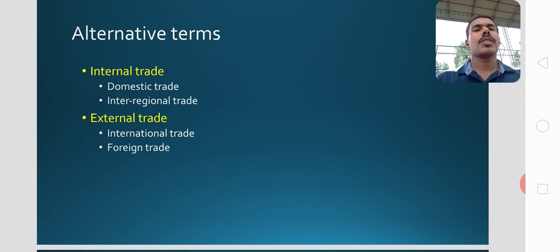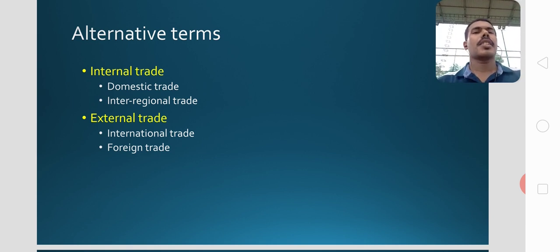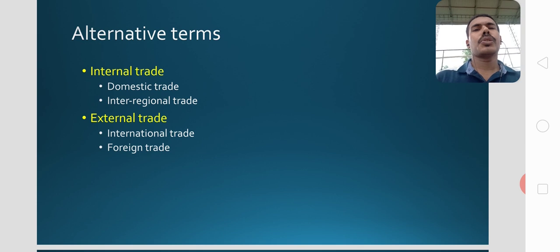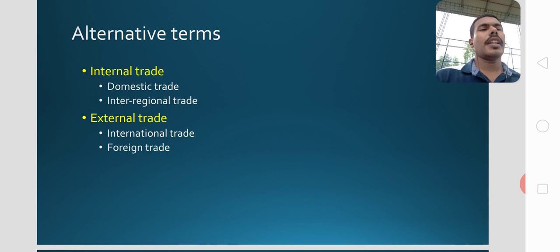External trade is also called international trade. So trade in the bigger sense means international trade. Trade theory refers to the international trade theory, and it is also called foreign trade.